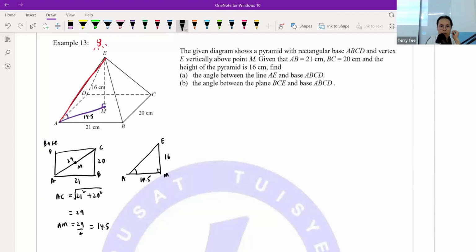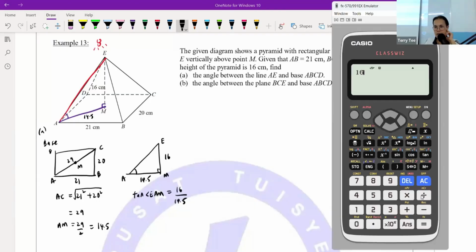So to find this angle, what do I use? I use soh-cah-toa. Anybody? Soh-cah-toa? Toa, tangent. Use tangent. Yeah, tangent EAM is 16 divide 14.5. Okay, 16 divide 14.5. So whatever you get here, shift tangent answer equals.